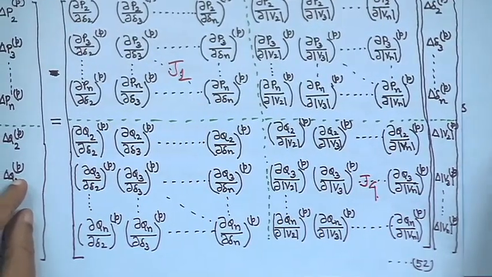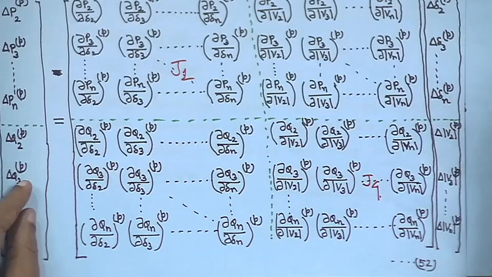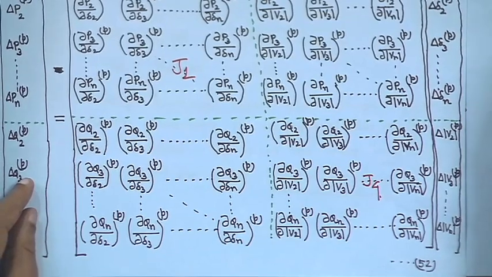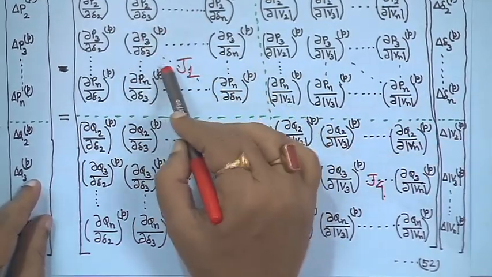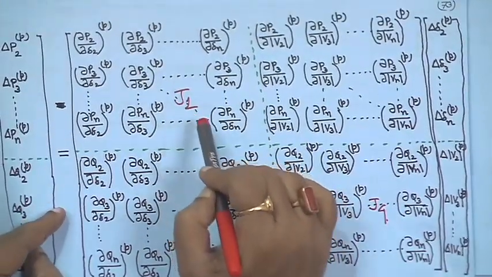In a PV bus, P and voltage magnitude are known, Q and delta are unknown, right. So, this will remain an n minus 1 into n minus 1 matrix.